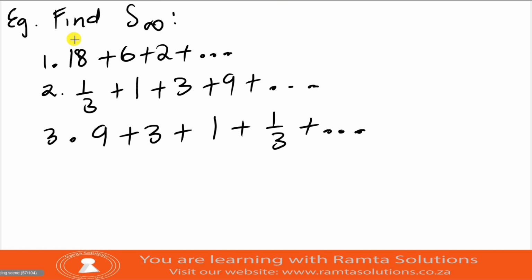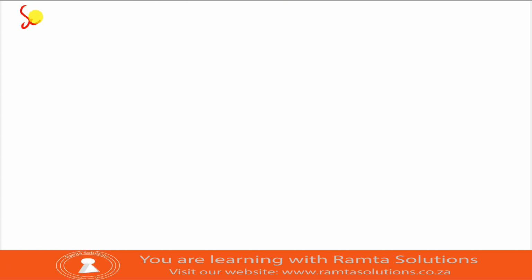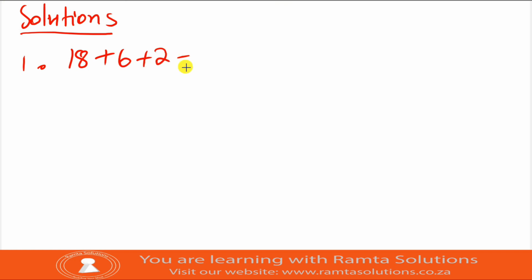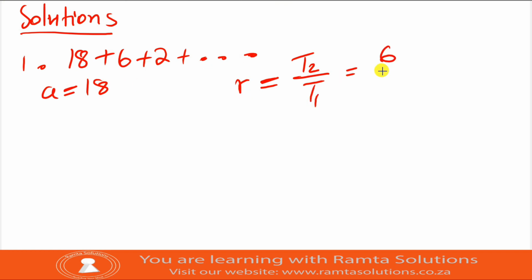Number 1, our solutions. We had 18 plus 6 plus 2 and so forth. Our a, I can see it's 18. Our r is T2 over T1 because it's a geometric series, which is 6 over 18. What is this? This is 1 over 3.